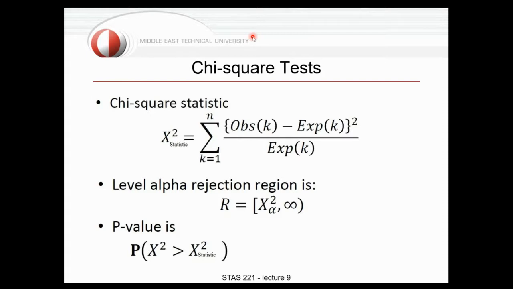Or even sometimes you want to check or compare 2 different populations together using chi-square. This is again possible. All right, let's see how we can do that.